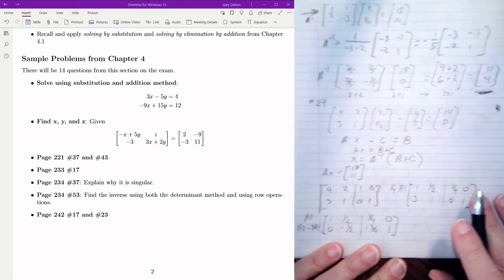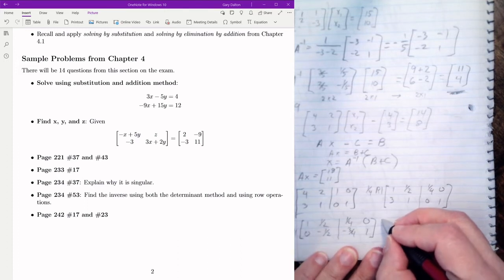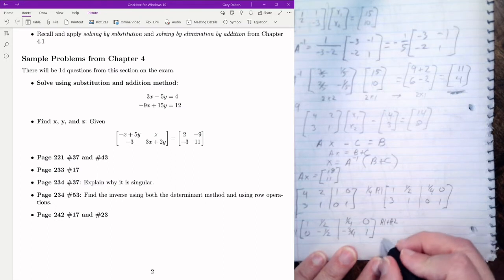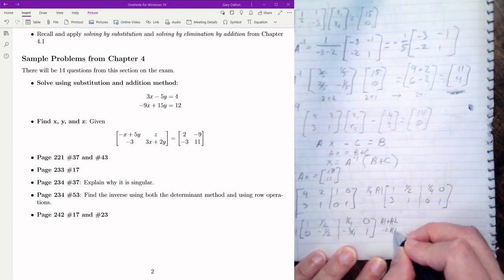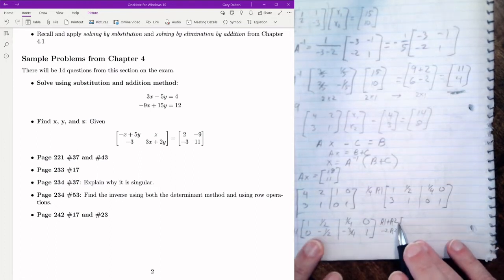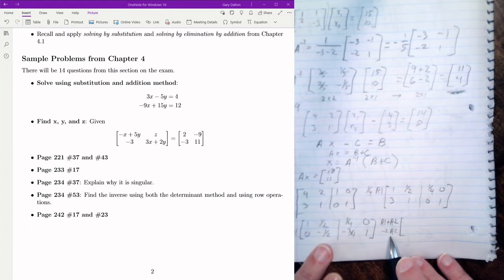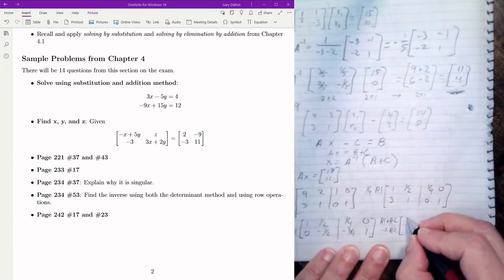So I'm going to do 2 steps on this next one right away. Okay. So I'm going to do row 1 plus row 2. And then I'm going to do minus 2 row 2. So I'm adding a multiple of row 2 to row 1. And then I'm multiplying row 2 by a constant. When we do that, we have 1, 0.